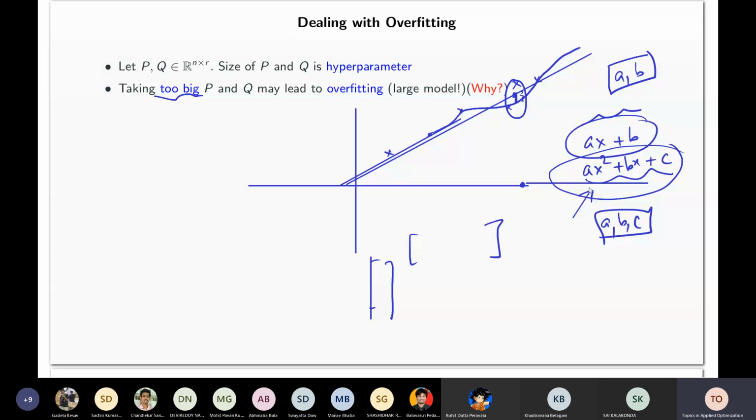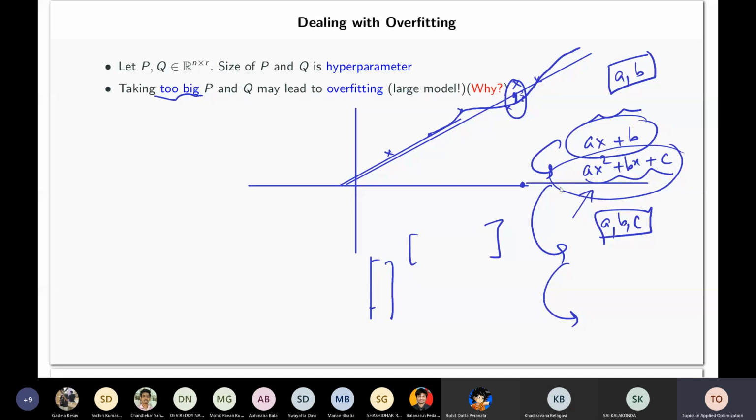That's like an indirect way. One way is you do hit and trial: I start with a linear model, I start with a quadratic model, I go to a cubic model and higher and higher. I can do that. Another possibility that people may try is to put a restriction on the model.